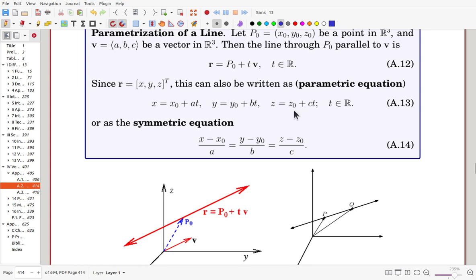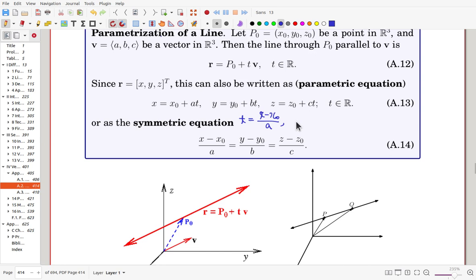Now this parametric equation can be written as the symmetric equation, assuming A, B, and C are non-zero. We can solve each of these equations for t. From the first one, t equals, moving this to the other side, divided by a, x minus x0 over a.